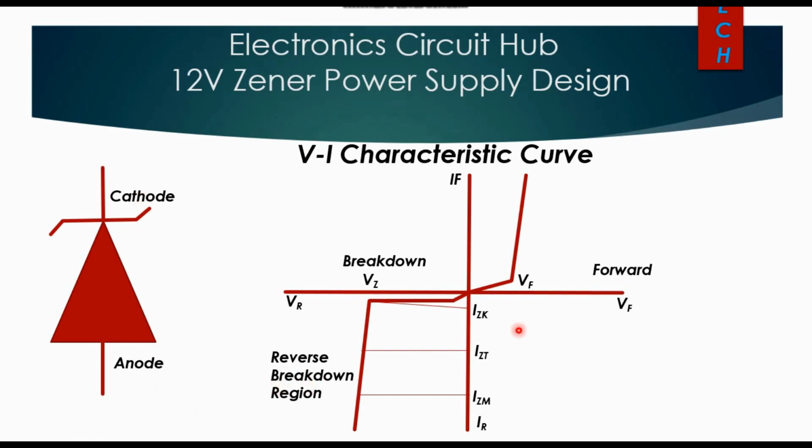Okay. So what is IZ? IZ is basically defined in the datasheet of a Zener diode. It is a knee current, the current at which the Zener starts conducting and goes into the reverse breakdown region. So IZK is the minimum current required to operate a Zener diode in the reverse breakdown region. Okay. So what is now IZT? IZT is the Zener test current.